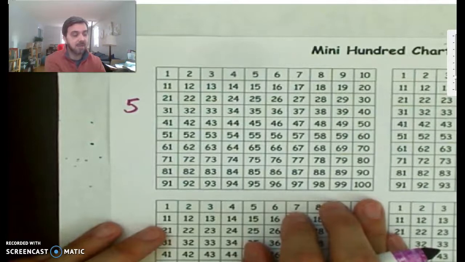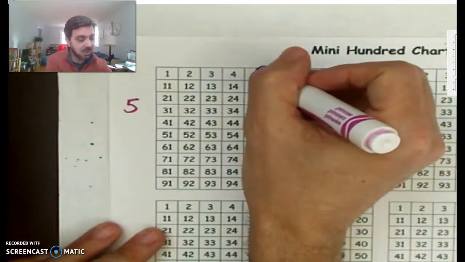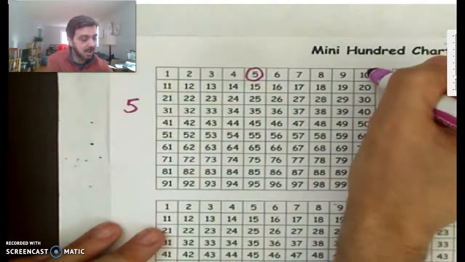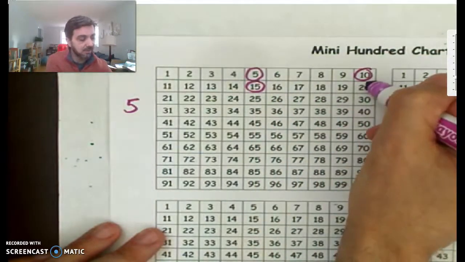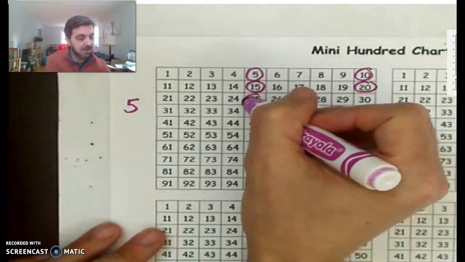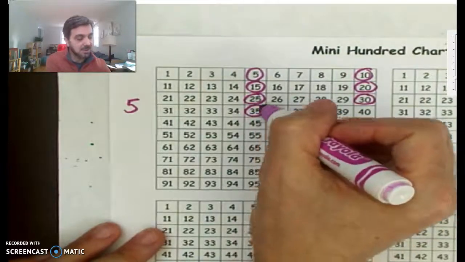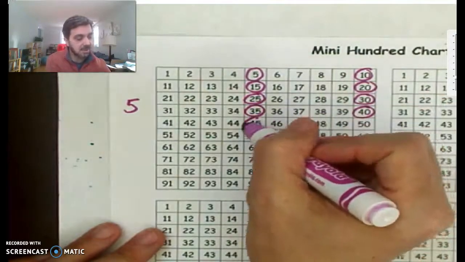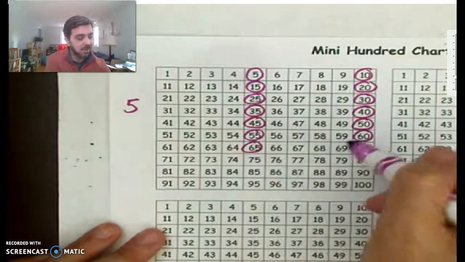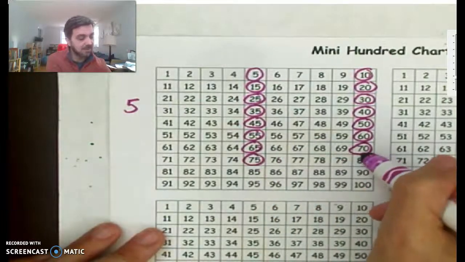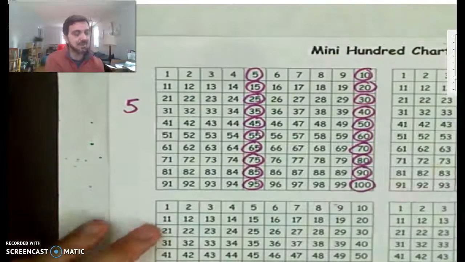We can't do 0 because 0 is not on the hundreds chart, but we could start with 5 because 5 times 1 is 5. 5 times 2 is 10. 3 5s is 15. 4 5s is 20. 5 5s is 25. 6 5s is 30. 7 5s is 35, 8 5s, 9 5s, 10 5s, 11 5s, 12, 13, 14 5s, 15 5s, 16, 17, 18 5s, 19 5s, and 20 5s gives us 100.